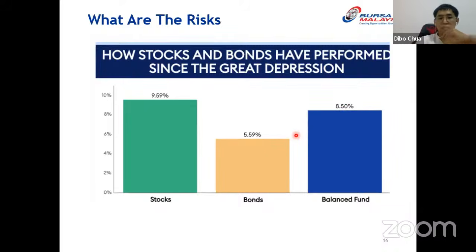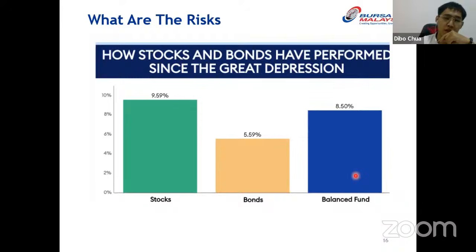So simply from this slide and the sample size of it, since 1930 until 2023, you can see the return is much more staggering. For stocks, it is almost double that of bonds, the compounded return. Maybe just looking at the returns, you are not that shocked.